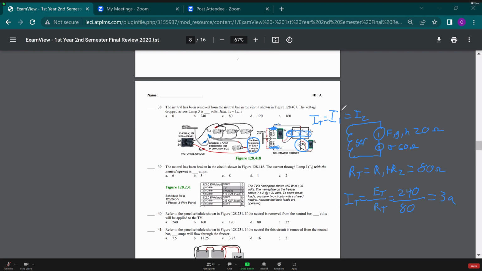And again, because I total equals I1 equals I2, I know that 3 amps are applied to J and 3 amps are applied to F, G, H. So if we're looking for current through lamp J, that's going to be B, 3 amps.